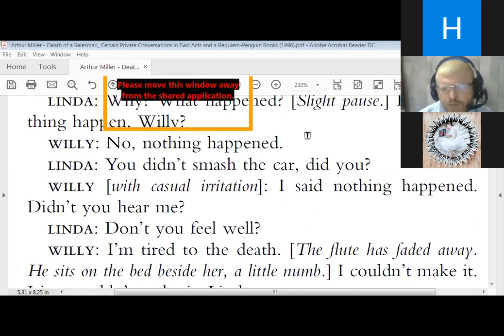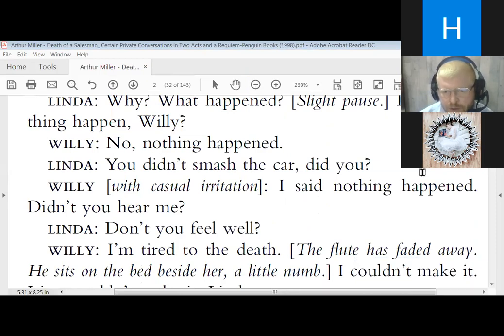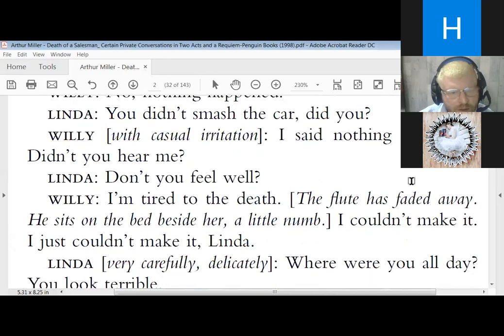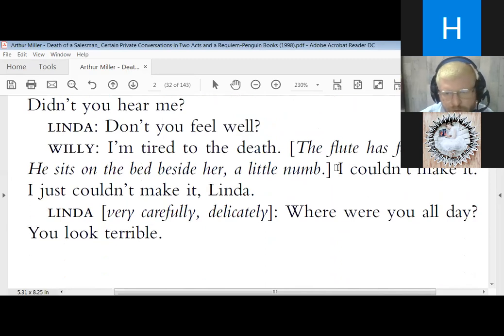And from that it seems that it is not the first time that Willy Loman is smashing the car. "I said nothing happened. Didn't you hear me?" "Don't you feel well?" "I'm tired to the death. I couldn't make it. I just couldn't make it, Linda."